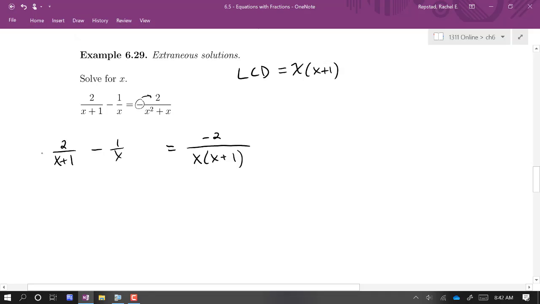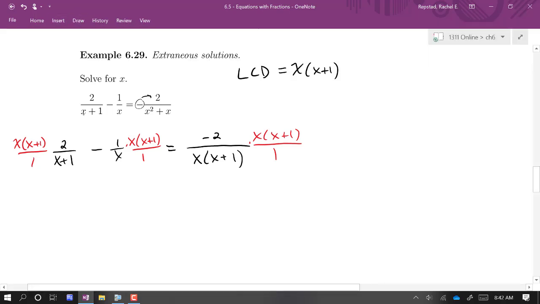And if we multiply all terms by x times x plus 1, and then let's see what'll cancel.